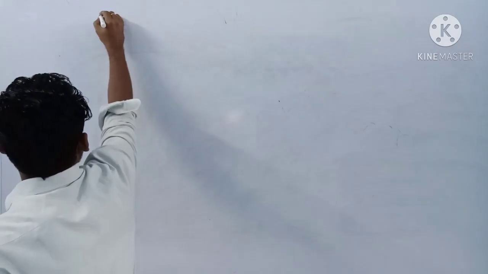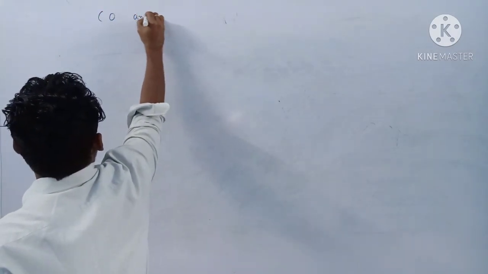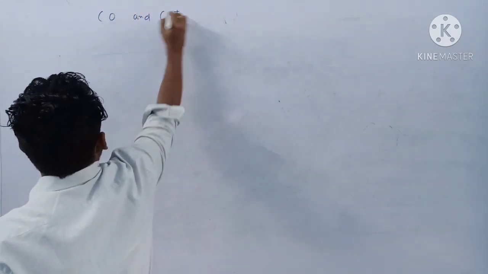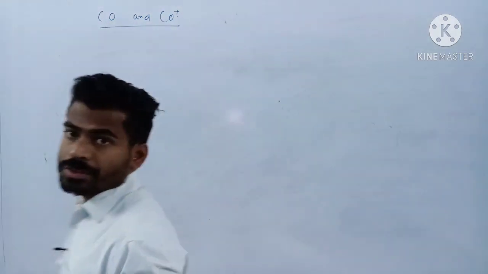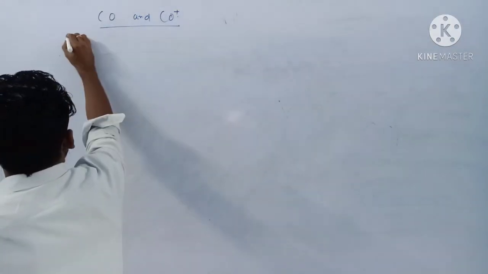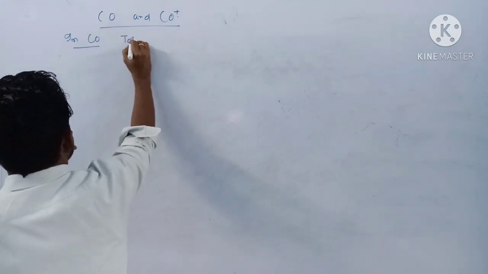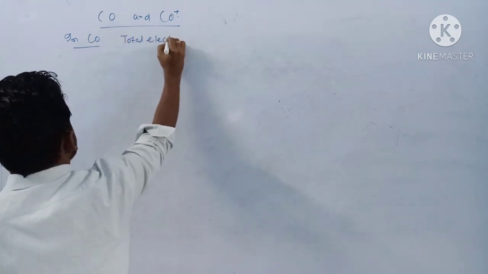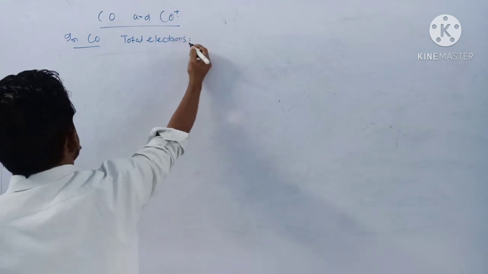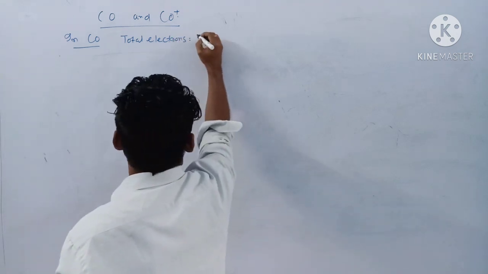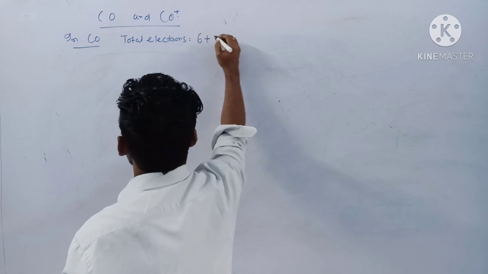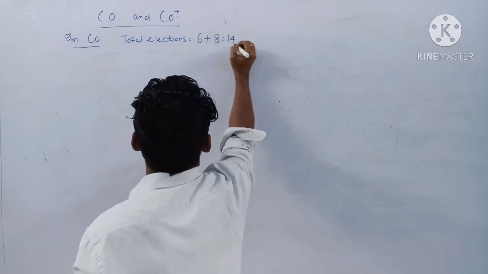So let us discuss CO and CO plus. In CO, the total electrons to be distributed, for carbon and oxygen you can take 6 plus 8, 14 electrons.